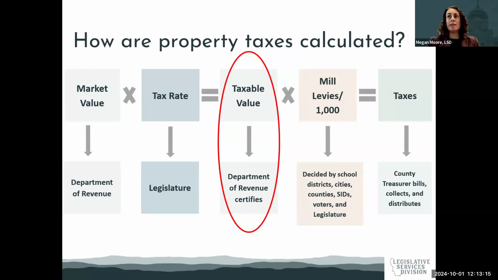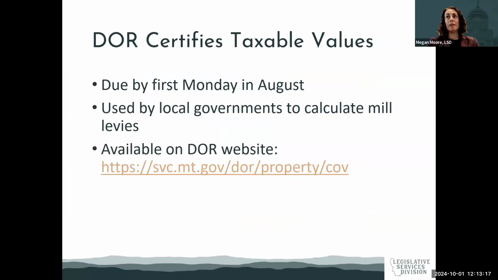Next, we'll discuss taxable value. As I mentioned, the Department of Revenue certifies taxable values to the taxing jurisdictions within the state. And the taxing jurisdictions span from the state as a whole to include counties, cities, school districts, and also special improvement districts such as fire districts or irrigation districts.